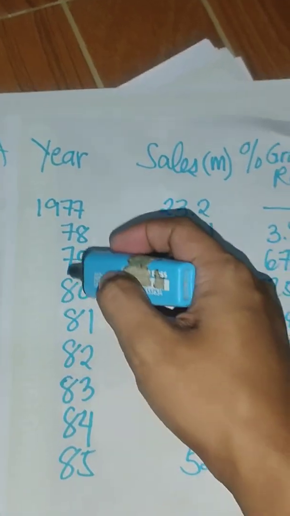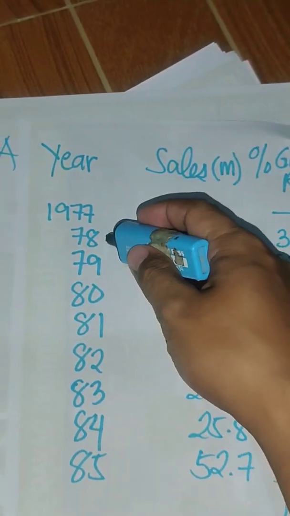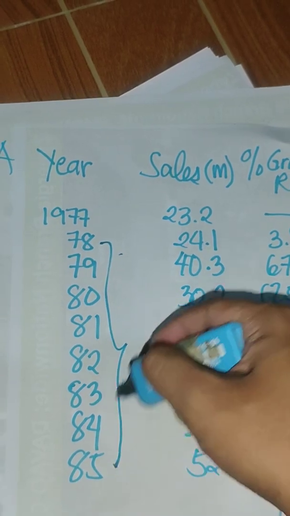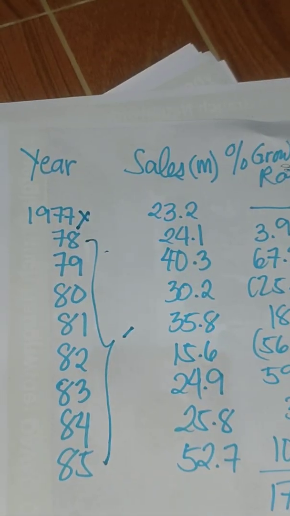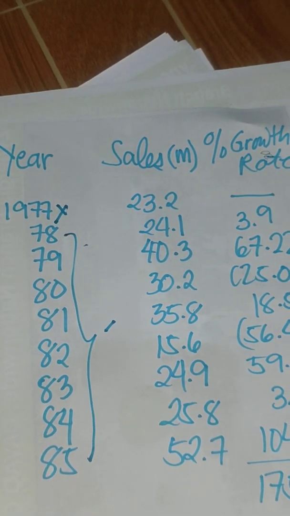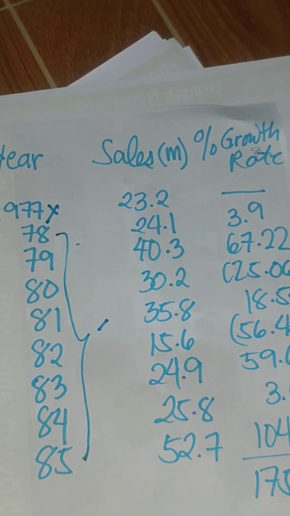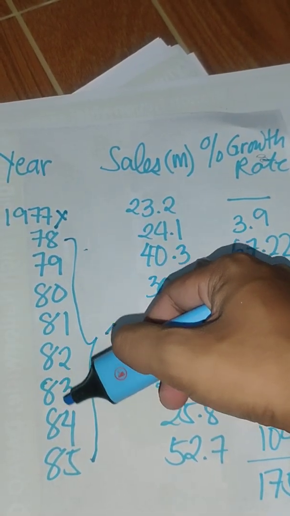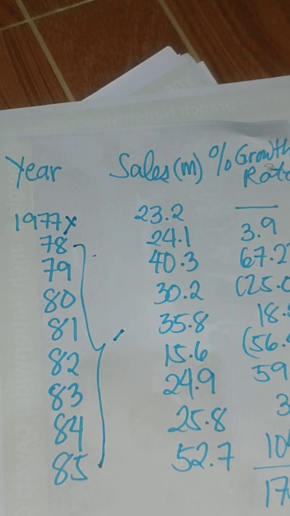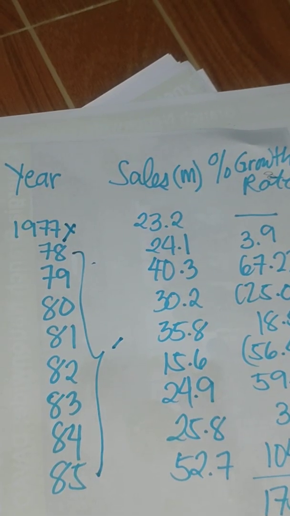Why wala ang 1977 sa pagkwinta sa years? 8. So 1, 2, 3, 4, 5, 6, 7, 8. So why labot? So mag-start na ka on the next year.